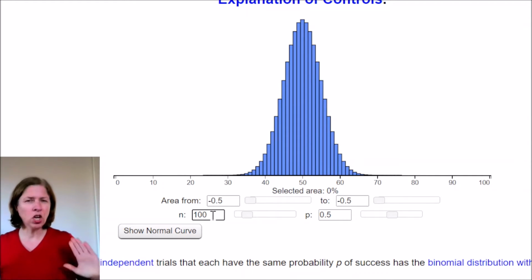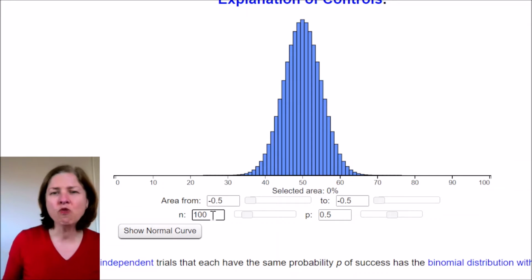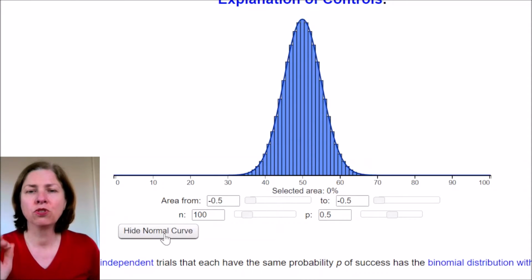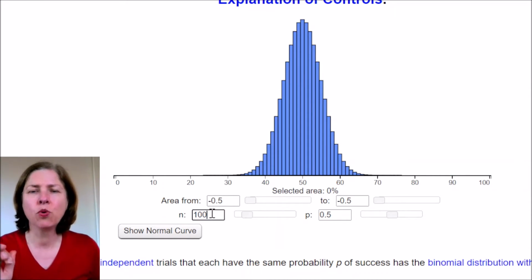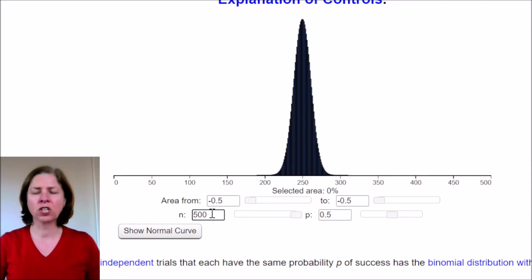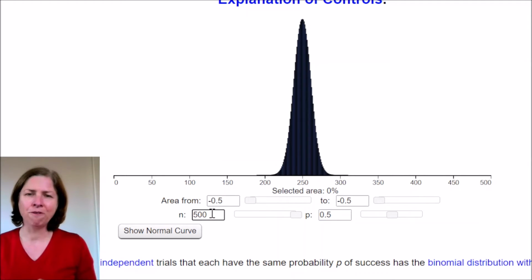Okay, it's gotten a lot skinnier, but it's now really starting to look a lot like a normal curve. And if I draw the normal curve over the top of it, you can see how close it is. So the bigger n gets, the more this looks like a normal curve. And if I go, let's say, to 500, that's what it's going to look like. So now I'm talking about 500 tosses of the coin, probability of 0.5 of getting heads.